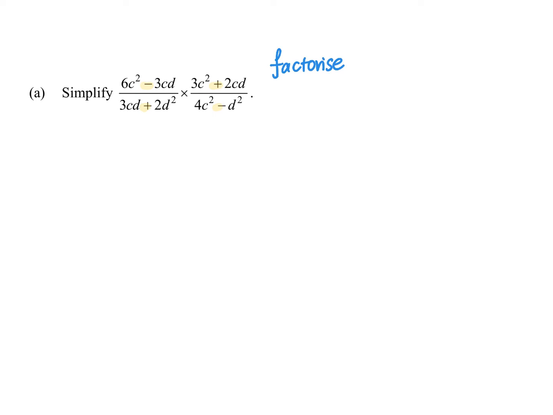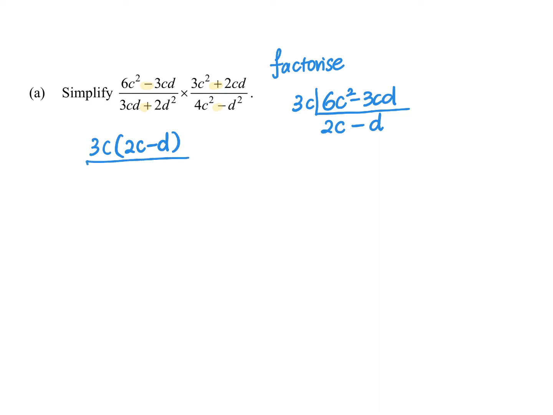Let's do this. There's a massive amount of factorization here. Let's begin with the first pair. 6c squared minus 3cd. The common factor is 3c. Dividing, I get 2c minus d. So the first one will be 3c bracket 2c minus d.